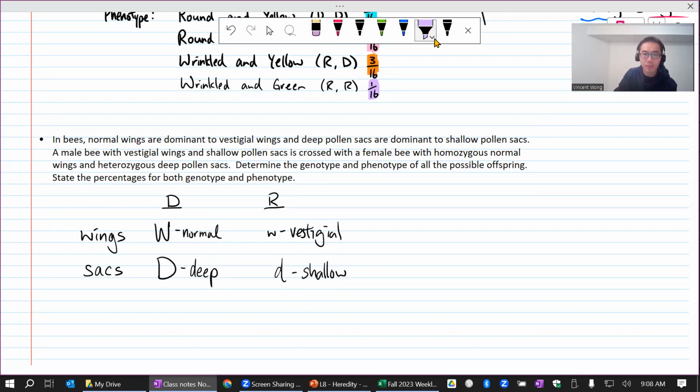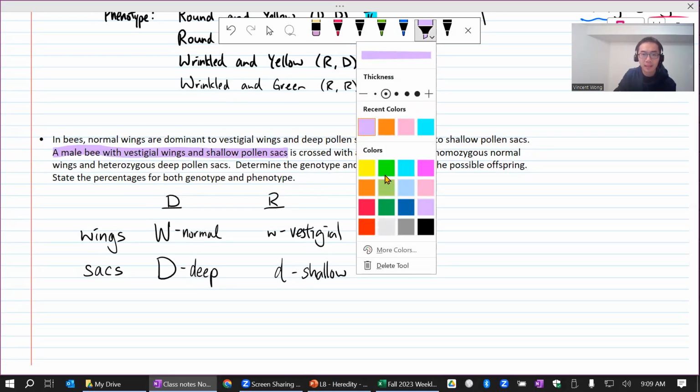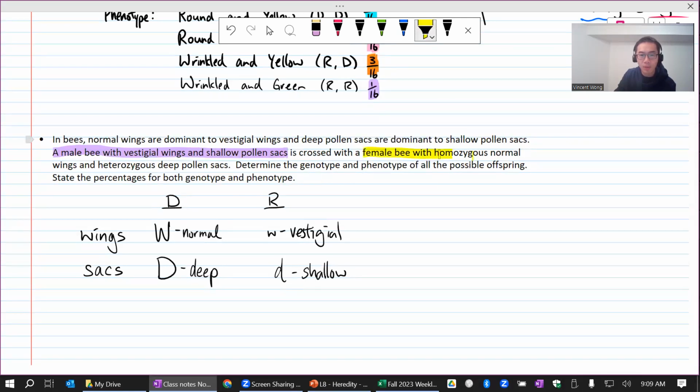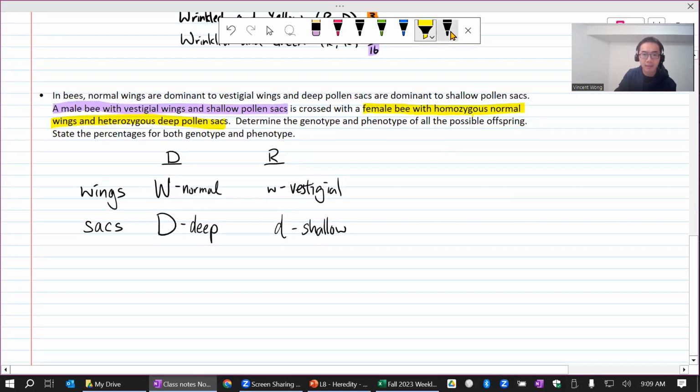So we have two bees here. We have the male bee with vestigial wings and shallow pollen sac, and then the other bee that is homozygous normal wings and heterozygous deep pollen sac. Let's write it down.